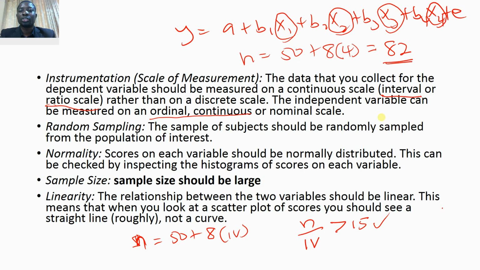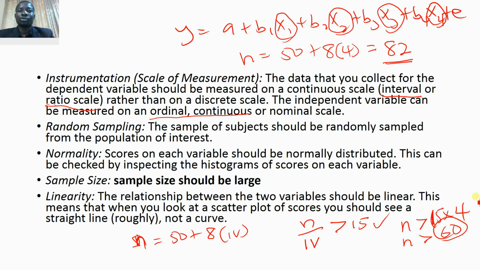So you always want a large sample size. So you can also try that n should be greater than 15 times the number of independent variables, which is 4, and that says your n should be greater than 60.